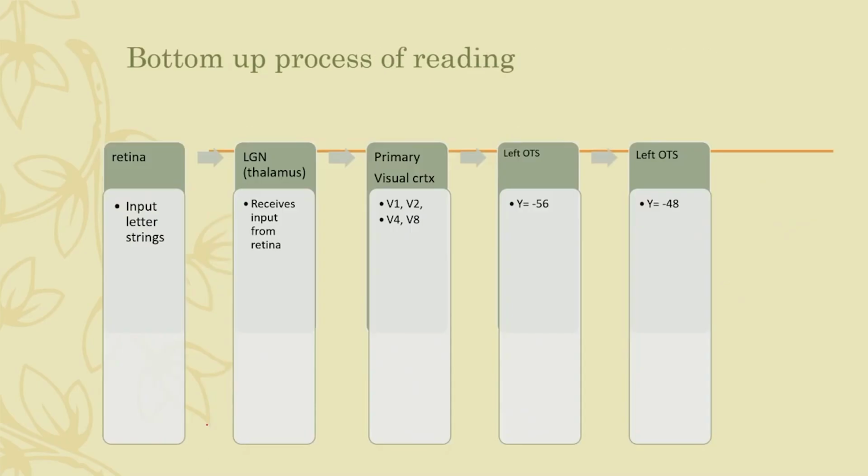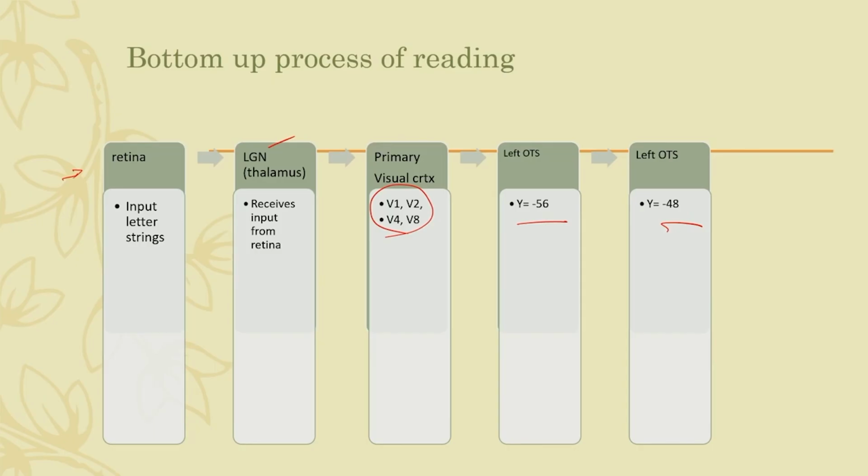So, the retina is the first step in the eyes, where we get the signals from the input letter strings. Then within the brain, the first area is the LGN in the thalamus, where the first processing happens, and then it goes on to 4 stages in the primary visual cortex, and then to the left OTS. Again there are 2 stages, called -56 and -48.